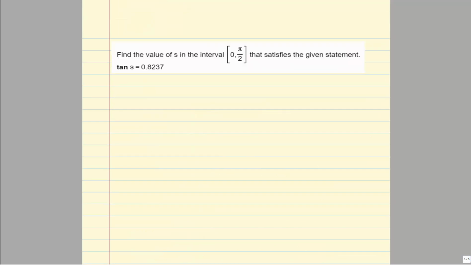Now here's another type of problem that you'll see in your homework set. It says find the value of s. Now remember, s is the same as theta, and this is in radians, in the interval 0 to pi over 2, so this is quadrant 1, that satisfies the given statement. It says what angle has a tangent of 0.8237?